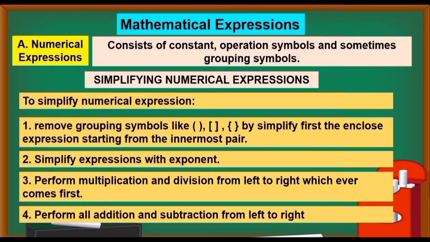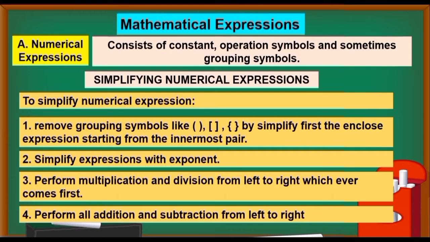Naalala niyo po ba yung tinatawag nating PEMDAS nung tayo ay mga elementary? Yung P po is for the grouping symbol or yung parenthesis. Pwedeng parenthesis yun, pwedeng bracket, and then braces. And then yung E po doon ay para sa exponent. And then yung M at D ay para naman po sa multiplication and division, whichever comes first.